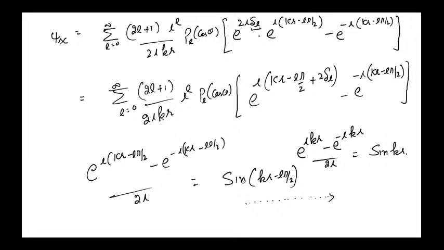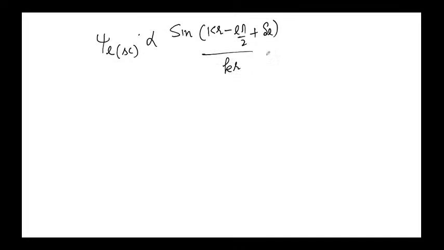So due to the scattering interaction, the wave function after scattering, psi_L, that is the scattered wave function, can be written almost the same, but with a change: sine of kr minus L pi by 2 plus sigma_L, over kr, into P_L cos theta.